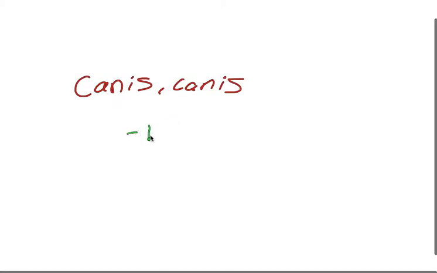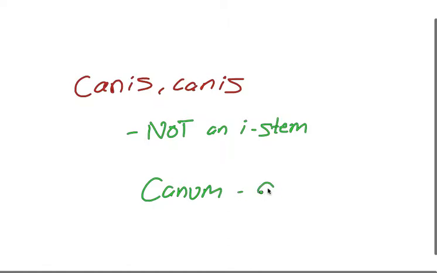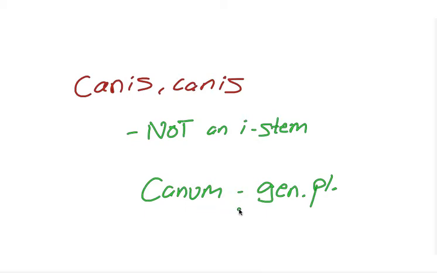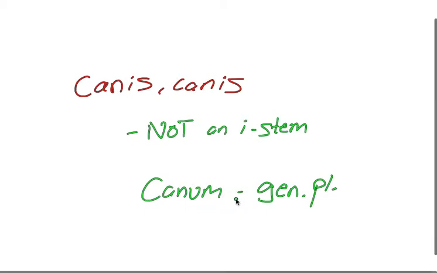This word is not an I-stem. There are a few other words that do that in Latin, but canis is just a really common word. So you'll see canum in the genitive plural instead of what you would normally expect to see, canium. I wanted to make that a more obscure point there.